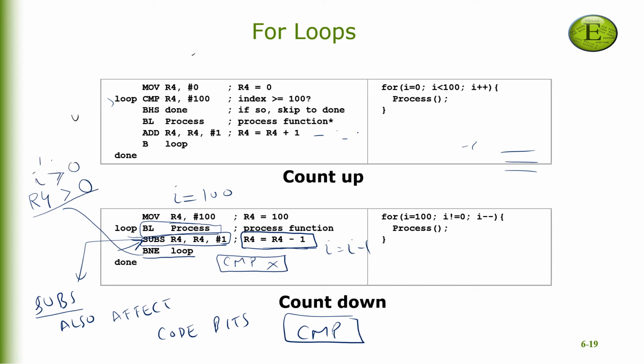It is going to go back to this loop. And once R4 becomes 0, i equals 0, then we are done. And then we proceed to the instruction whose label is done, and from there onwards. This is an example of a countdown or descending loop.